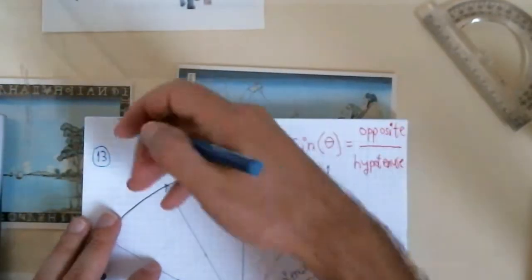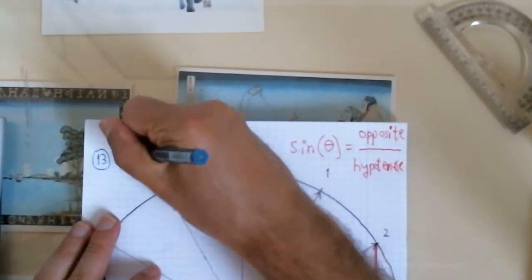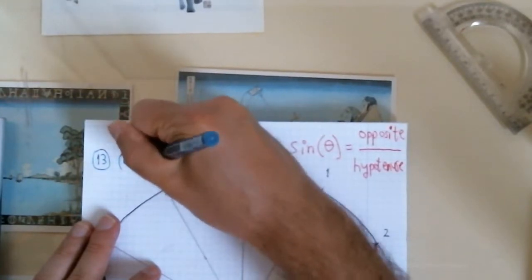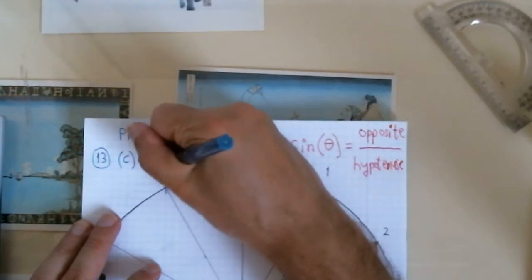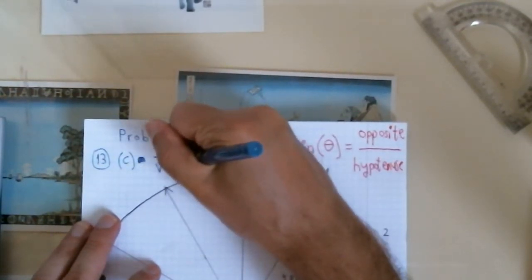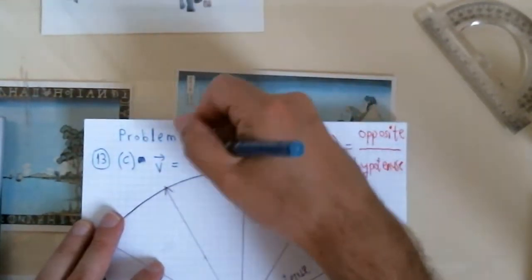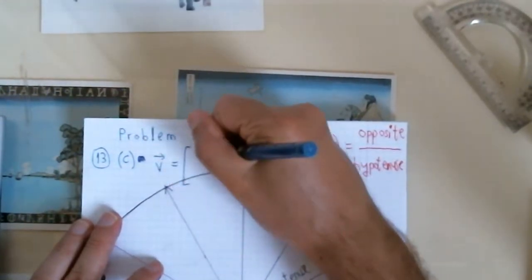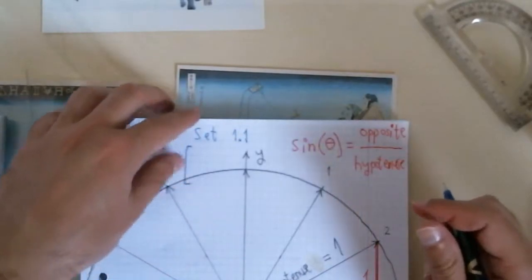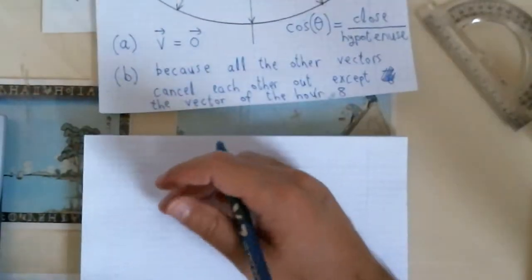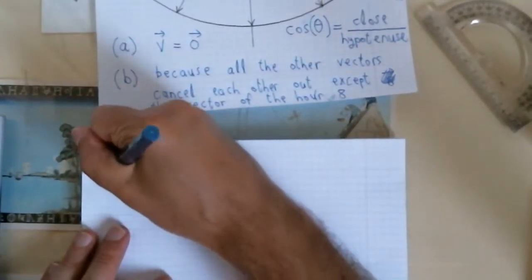So the vector v equals, okay, I'll start a new page. I'm beginning to be cheap, so we'll just make it in another page. So 13 continued.